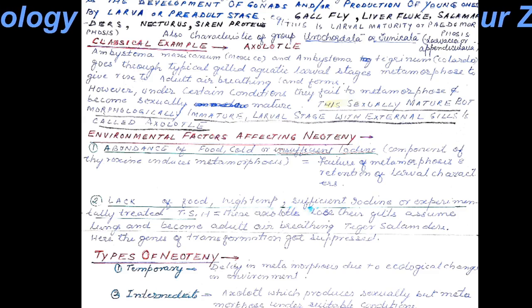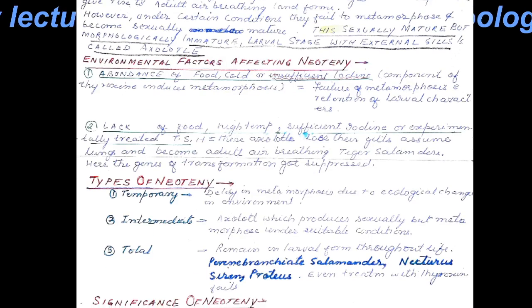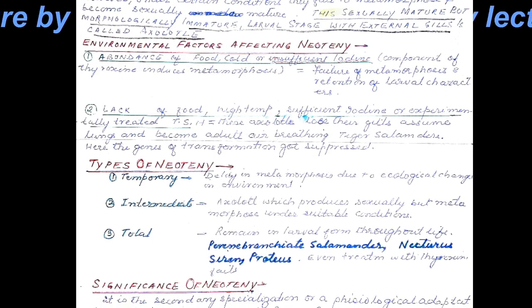Now, the types of neoteny. Temporary neoteny means delayed metamorphosis due to prevailing ecological conditions.